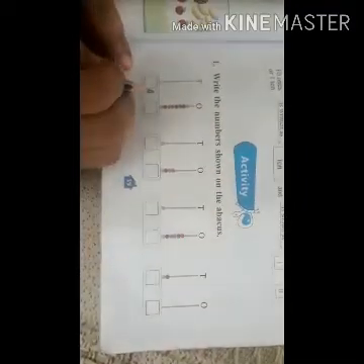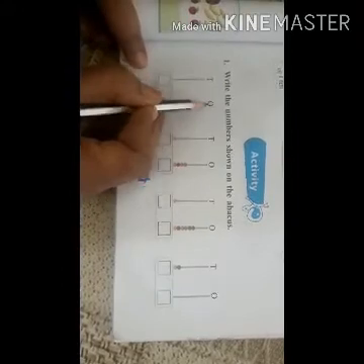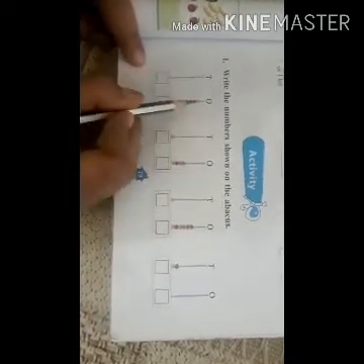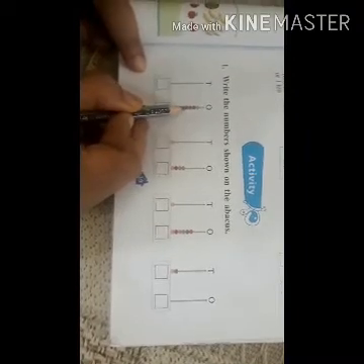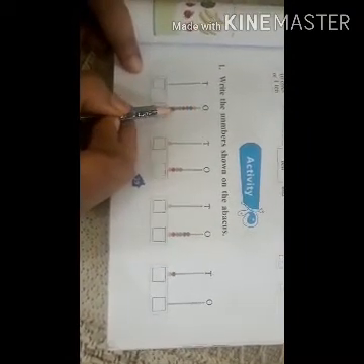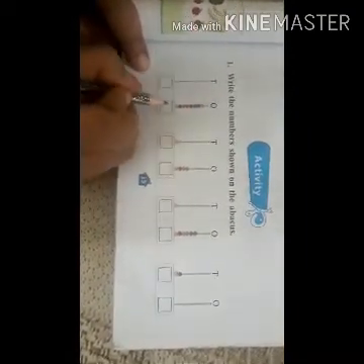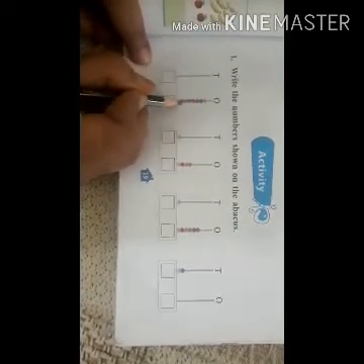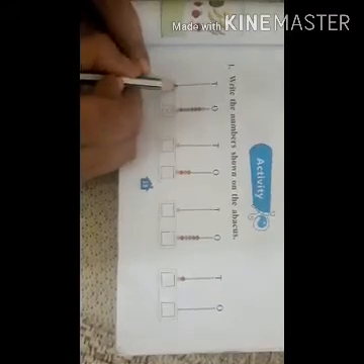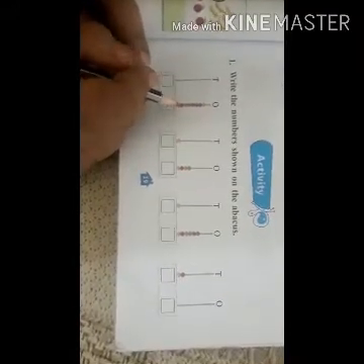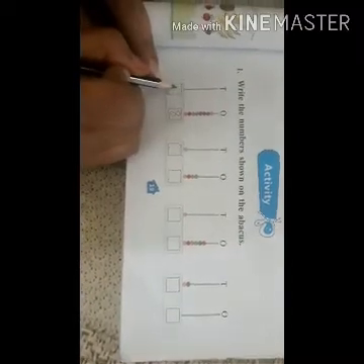I think you understand this question. O, ones place, T, tens place. Now in the ones place, 1, 2, 3, 4, 5, 6, 7, 8. 8 beads are here, so you write 8. Now on the tens place, there are no beads, so you will not write any number. This is 0 actually.